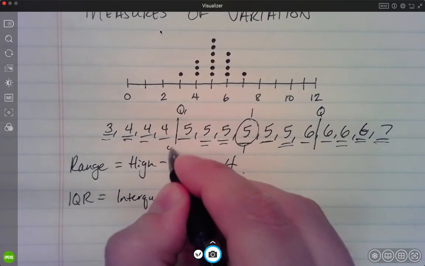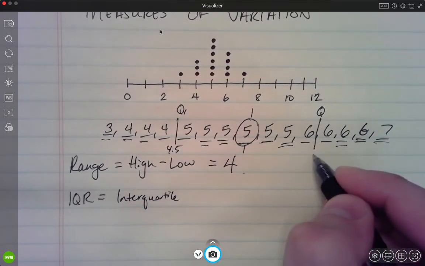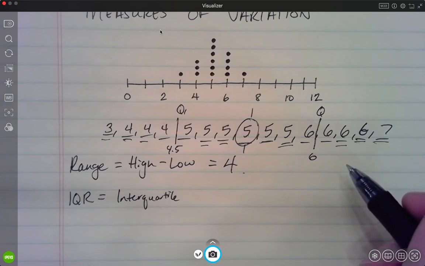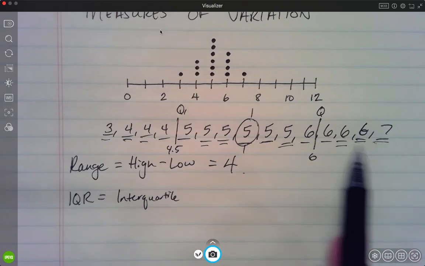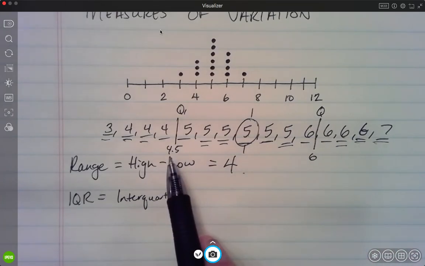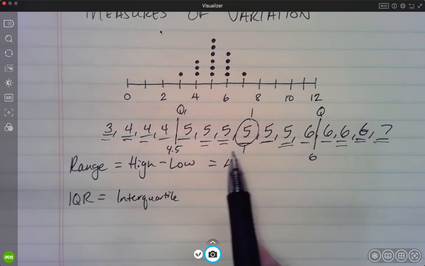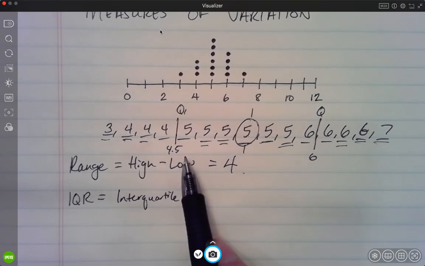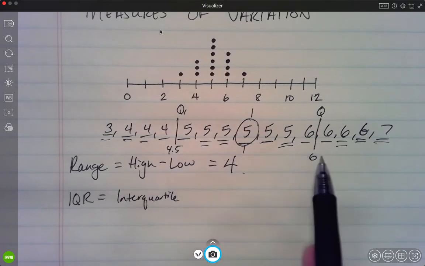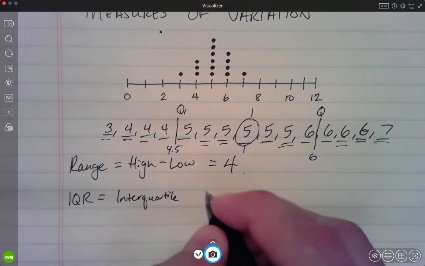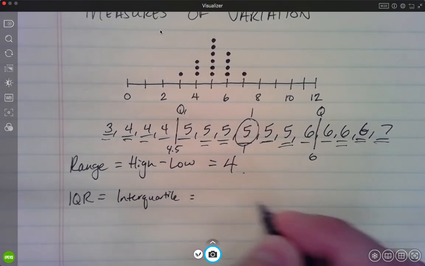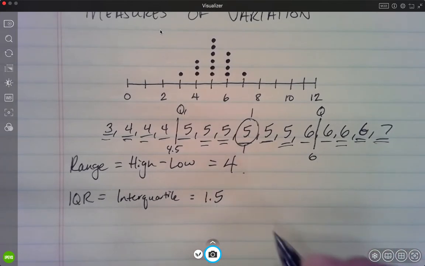So I have a lower quartile at 4.5. My upper quartile is going to be at 6. So my interquartile range is just the distance from here to here, or the difference of my 2 quartiles. So my IQR, my interquartile range, is 1.5. That just tells us where half of our data is.